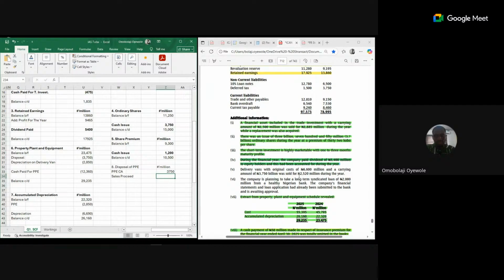We are told that the delivery van was sold for 2,520. So what's that? Loss on disposal. The loss on disposal is going to be this minus this. That's going to be loss on disposal.